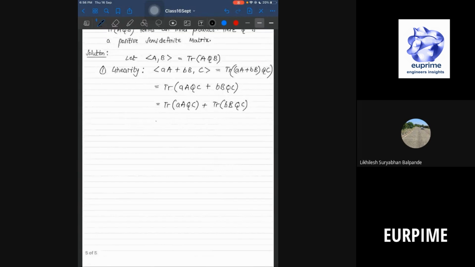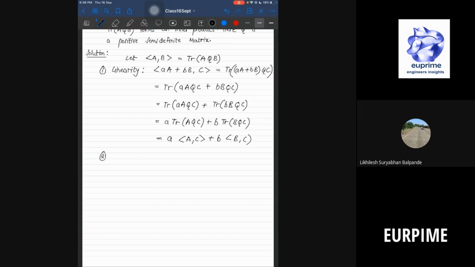This can further be simplified as alpha times trace of AQC plus beta times trace of BQC, which is equal to alpha times inner product of A, C plus beta times inner product of B, C. So the linearity property is satisfied.